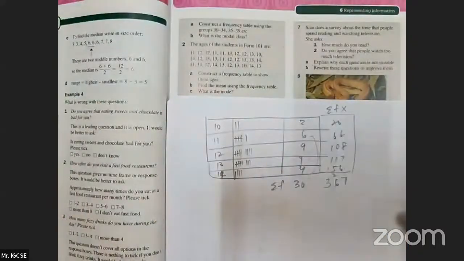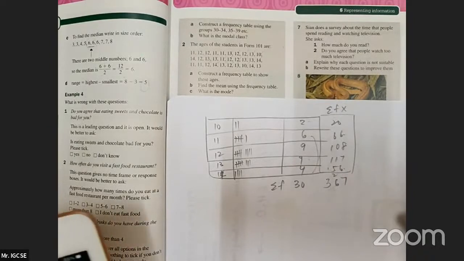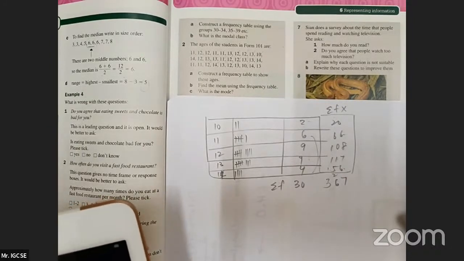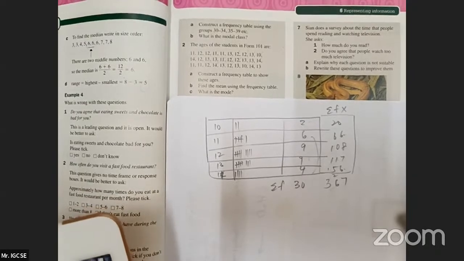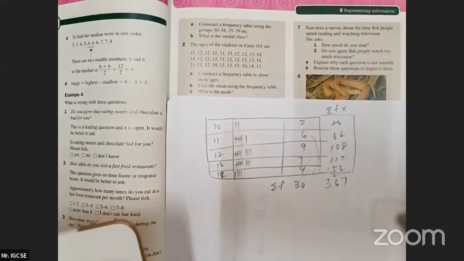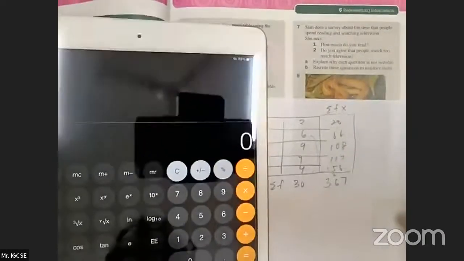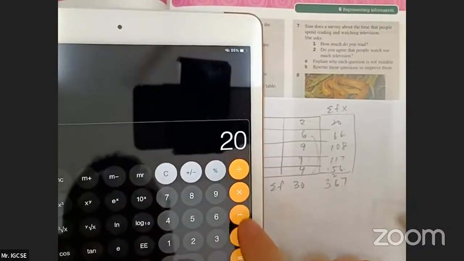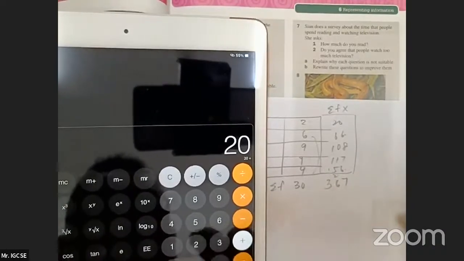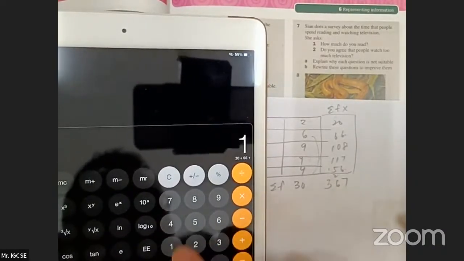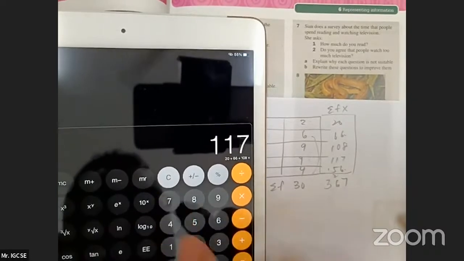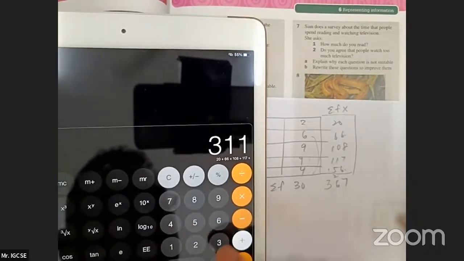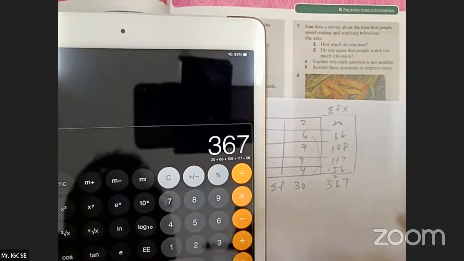Let's check with the calculator. 20 plus 66 plus 108 plus 117 plus 56 equals 367.